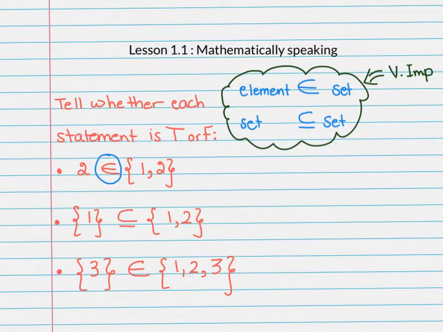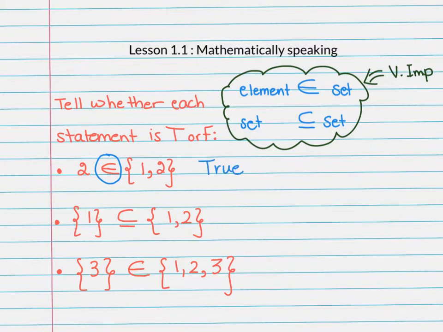And that's true. This is an element because I don't have any curly brackets around it, and this is a set. So condition 1 is correct. I'm using the correct symbol. But step number 2, I need to make sure. Is 2 part of the set? Yes, it is part of this set. So this statement is true.